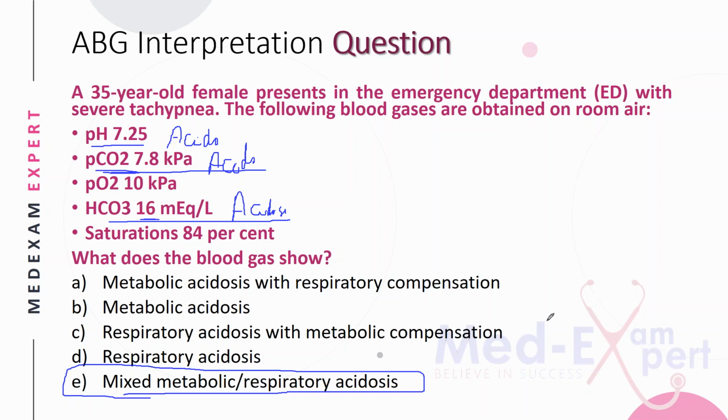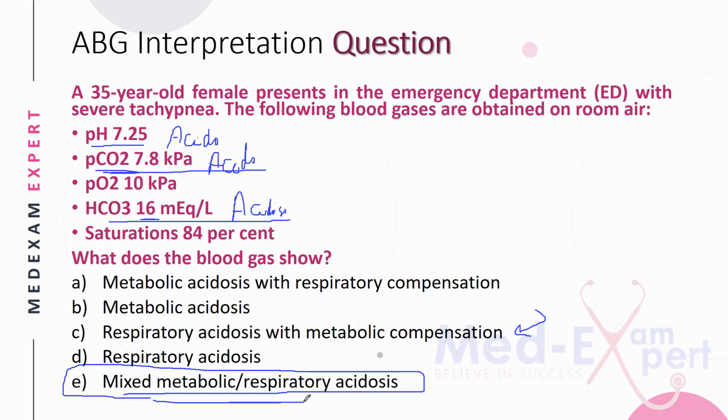And of course, most of you answered it wrong because you didn't read the choices. Actually, you have to read the choices, because if you read them, this will take your attention: what is mixed metabolic respiratory acidosis? So please, in the exam, this is very important in general. The exam is not just a question. The exam is a question and options.